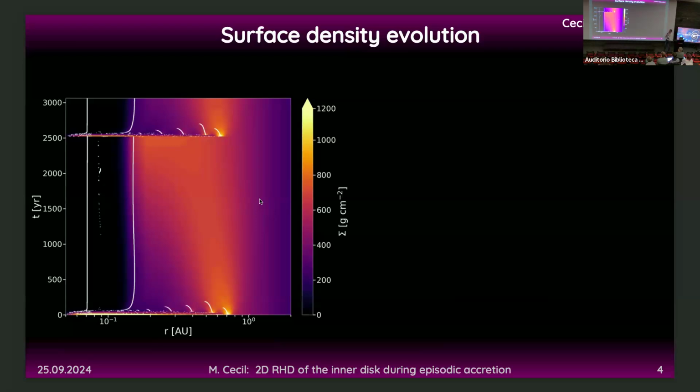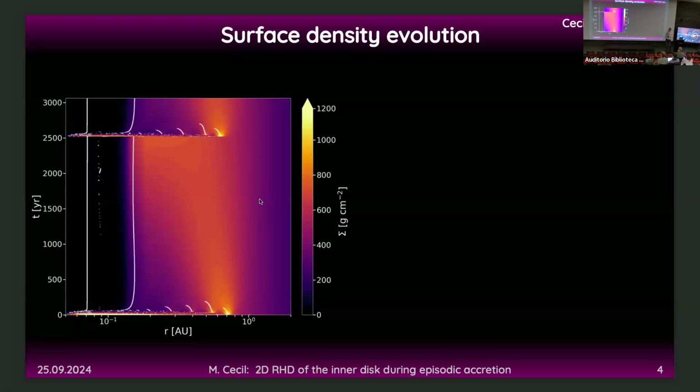We can see, for example, that after such a cycle, the density in here is reduced, so the mass has drained onto the star and is slowly getting refilled during the quiescent stage by an influx of material from the outer disk until a new instability cycle can be launched.